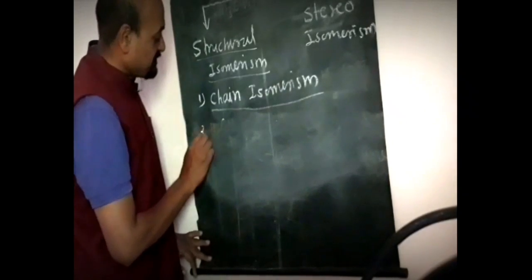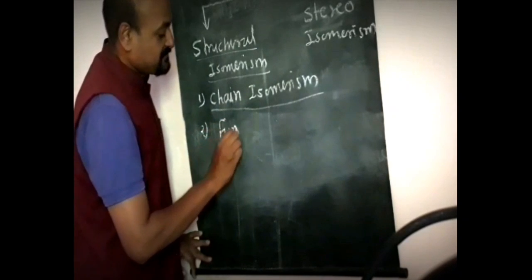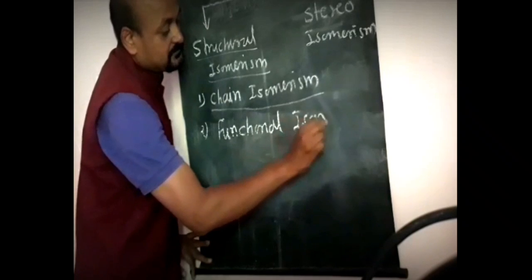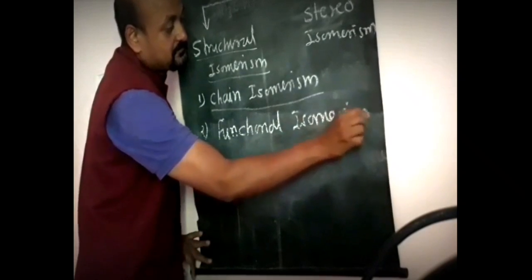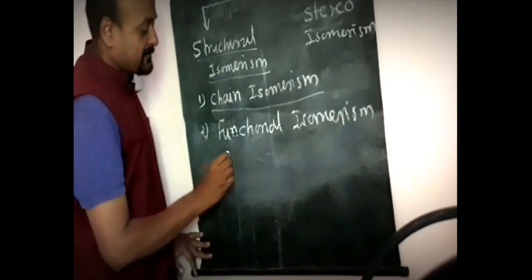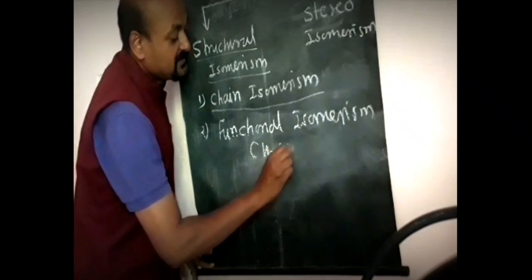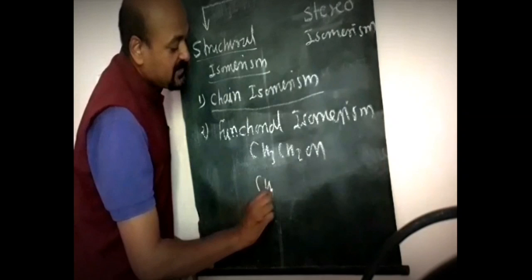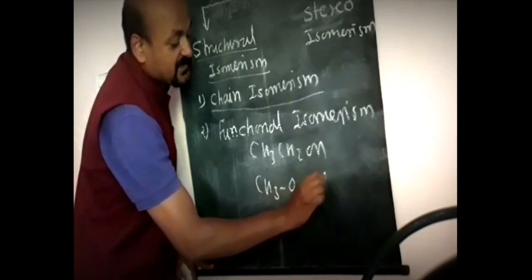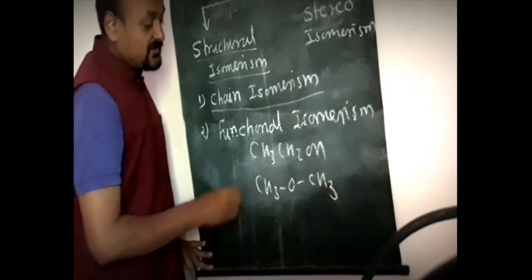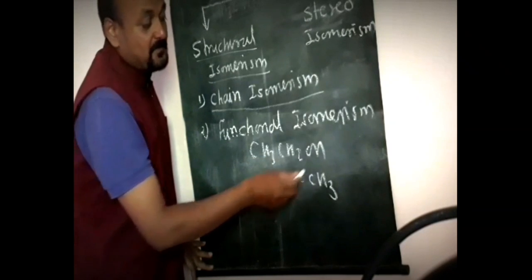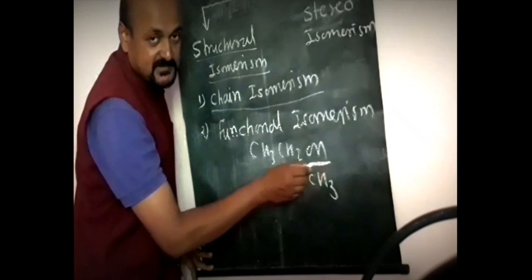Now the second one is functional isomerism. The very first example we take is CH3CH2OH and CH3OCH3. Here you see compounds having the same molecular formula but different functional groups.